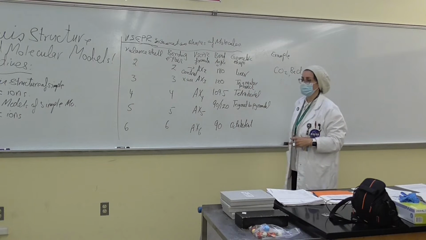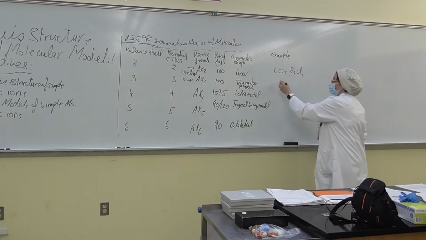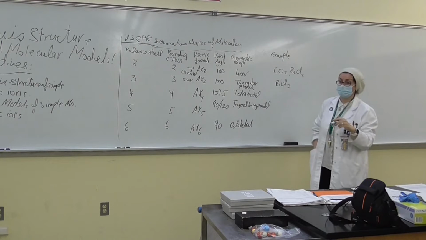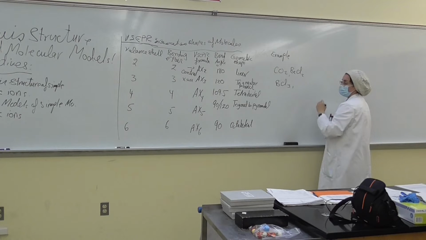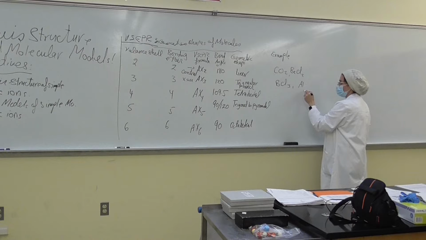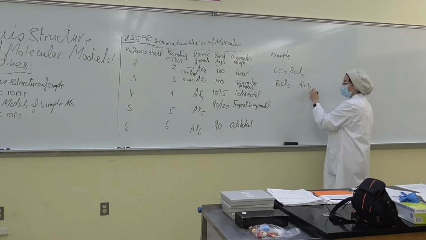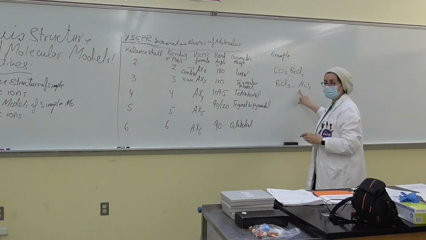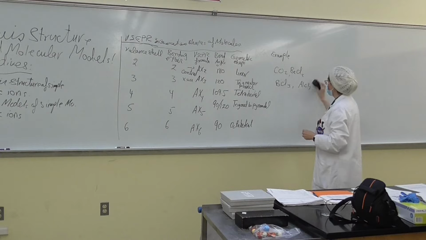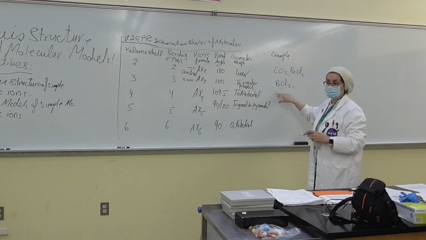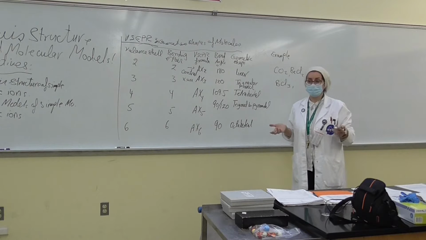Remember, everything is bonded. So we have boron trichloride, BCl3, or AlCl3. Remember, though, Al is a metal, and we want to look for either a metalloid or a non-metal, because we have a covalent bond, not an ionic bond.